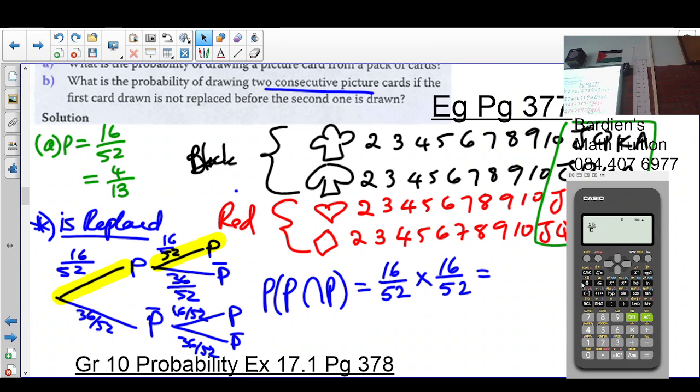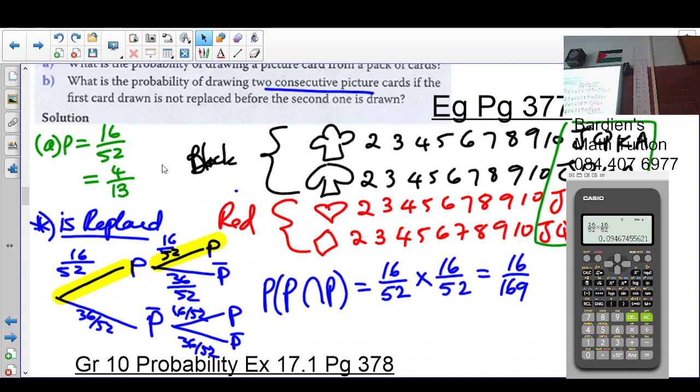Can you see that, people? We convert that to decimal, 0.094 or 9.5%. You guys understand?